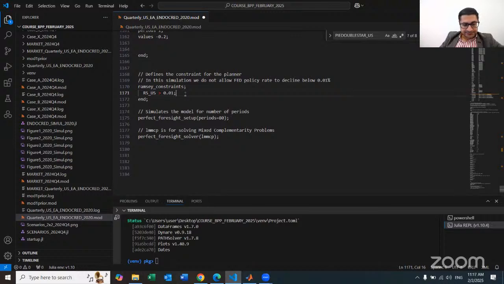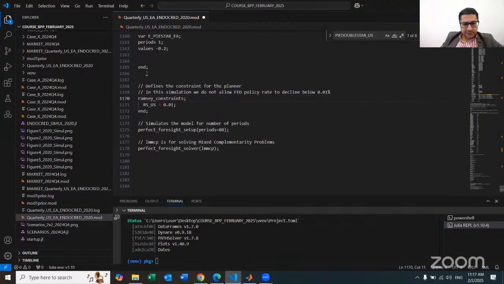Here we have a Ramsey constraint saying that don't allow the nominal interest rate to go below zero. Okay, that's the way to write down the constraint also for the Ramsey problem. And usually we put it after the shocks: Ramsey constraint, the instrument which we are using, and put the constraint. You can put whatever you want.